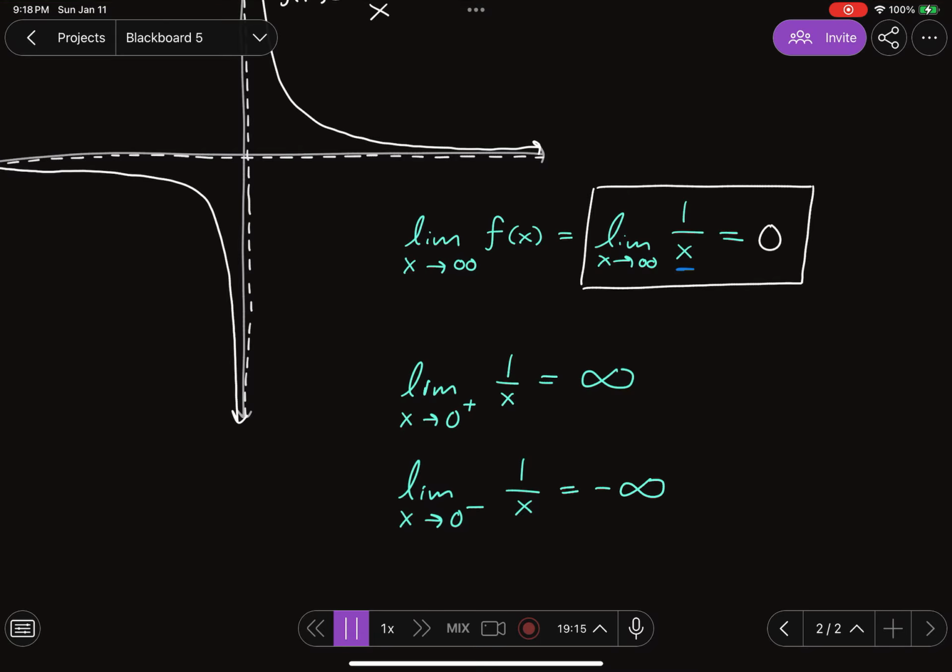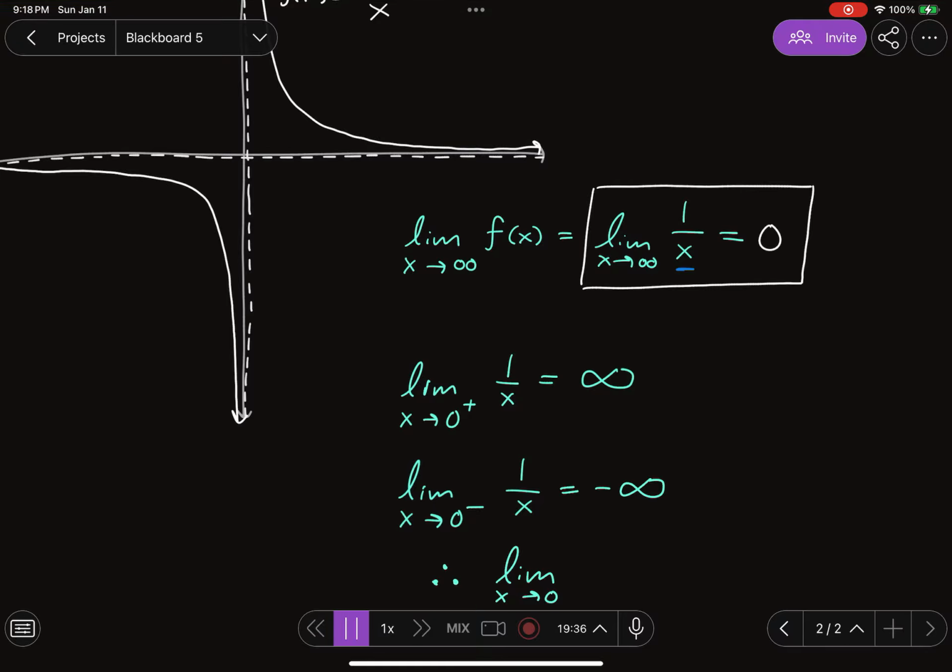And also, I could say that therefore, the limit as x approaches 0, notice that in this case I don't care which side of 0 I'm looking at. In one case, I am purely on the left side of 0. In another, I am purely on the right side of 0.